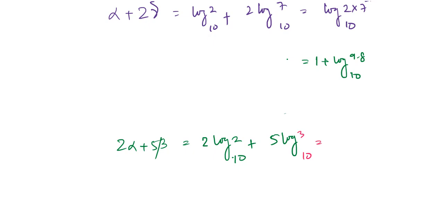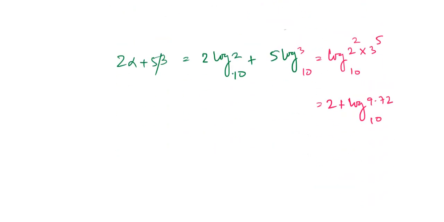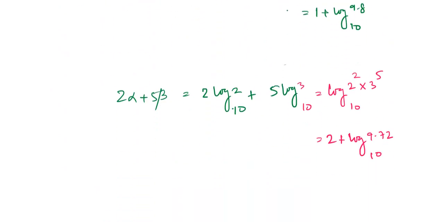That can be written as log of 2 square into 3 to the power 5 base 10. Yes or no? So that means 2 plus log 9.72 base 10.